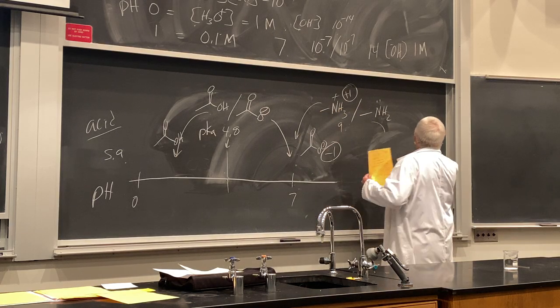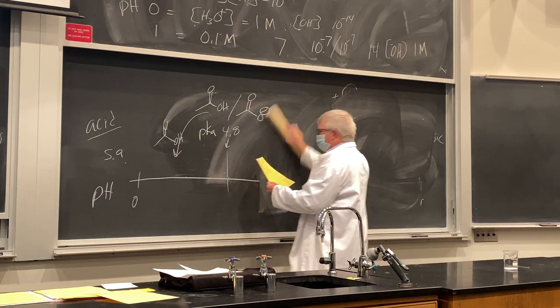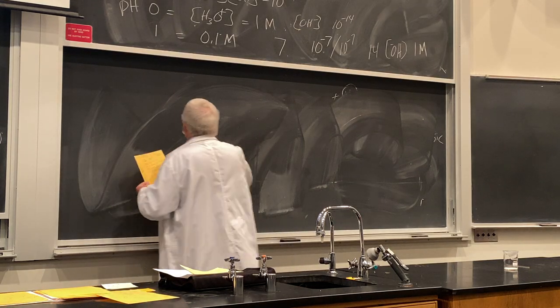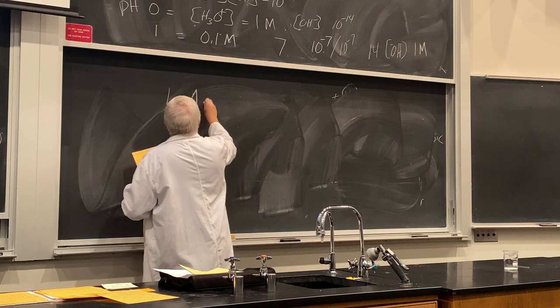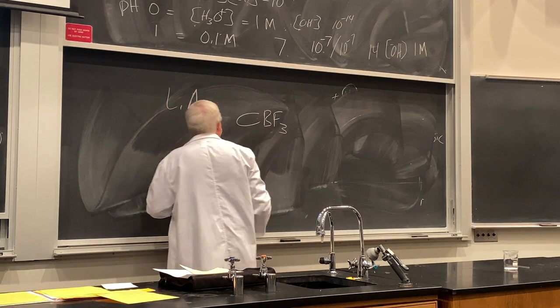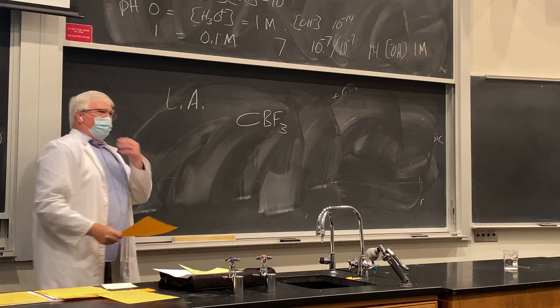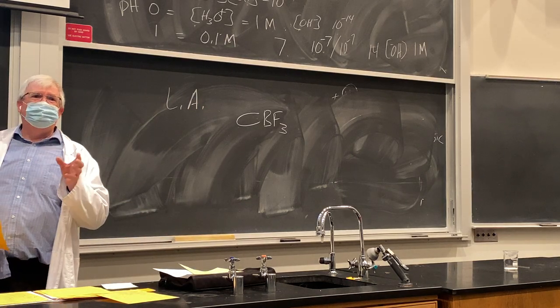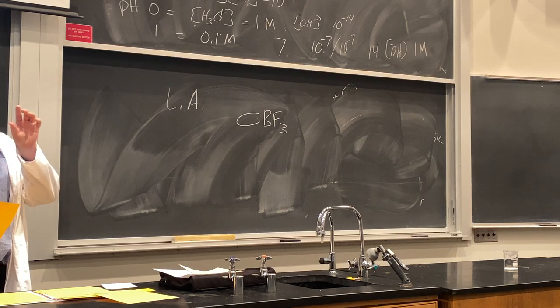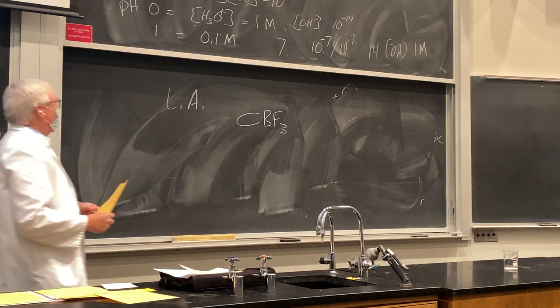All right, let's look at Lewis acids and Lewis bases, just real briefly. A Lewis acid has an empty orbital on it, something like boron trifluoride. Before, we talked about protic acids, which have the ability to donate a proton, but they also have an empty sigma star orbital, so kind of similar this way.